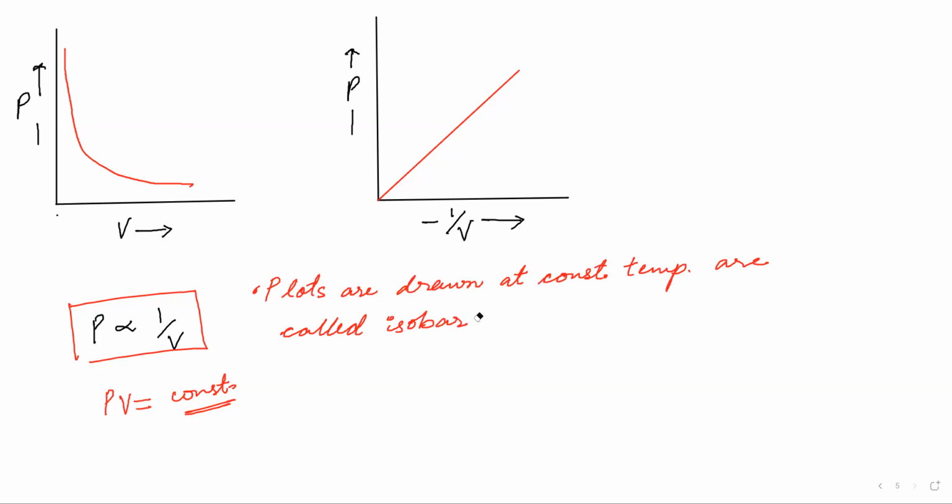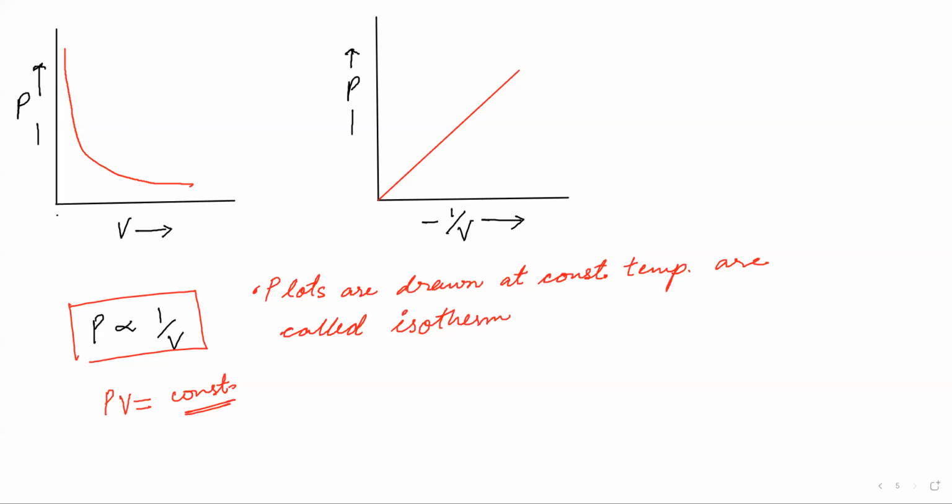Sir, isobar means constant pressure, right? Yes, right. I'm glad one of you is awake. These are called isotherms.